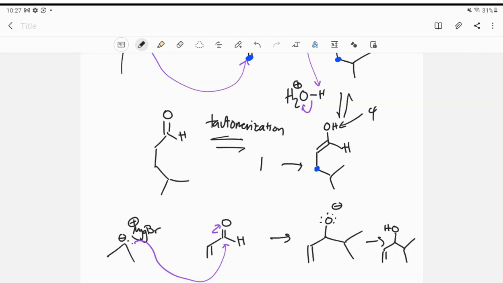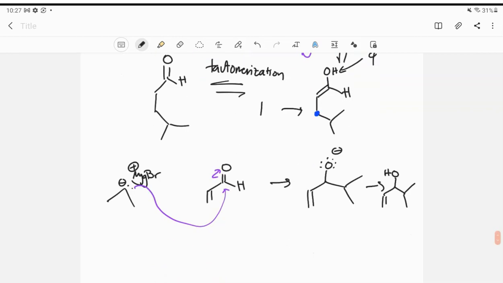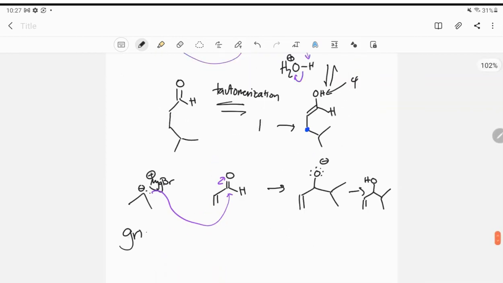And so as a result, we just get plain old Grignard to aldehyde that gives you an alcohol, right? So standard, same old thing. So Grignard is not a Michael donor. And so as a result, you get 1,2 addition.